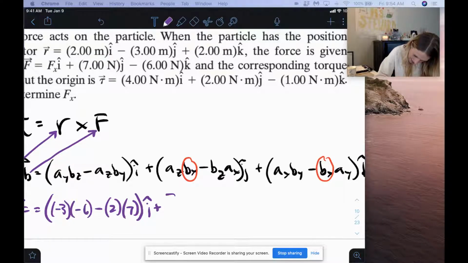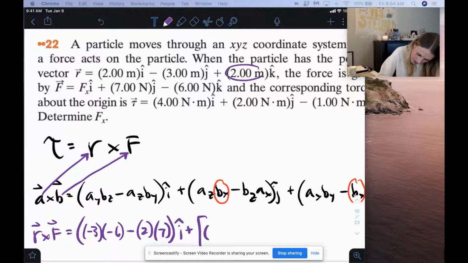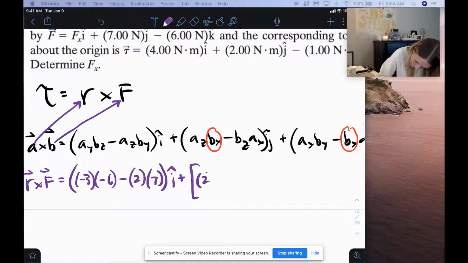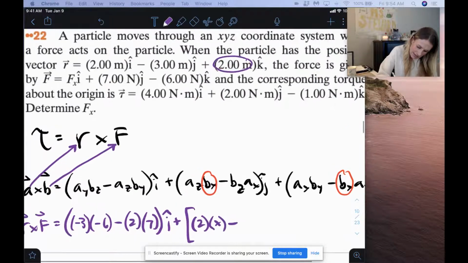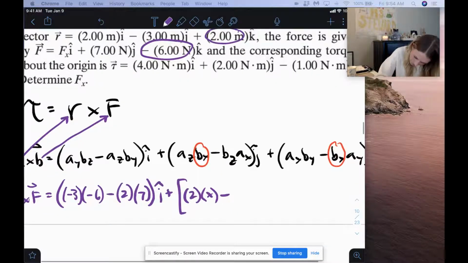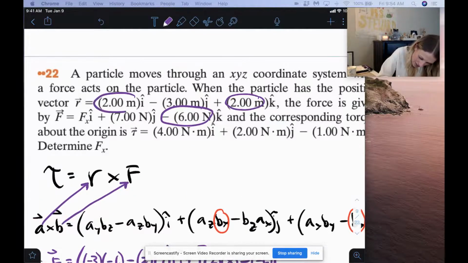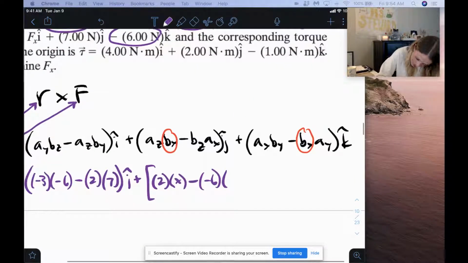AZ, and I'm going to put a bracket just to make it a little bit more pleasing to the eye, plus AZ, which will be our R vector in the K direction, so that was 2 meters, a +2, times BX, which of course is our unknown, so I'm just going to put X, minus BZ, which is a -6 newtons, because that's the Z direction, -6, times AX, which is a +2 meters.